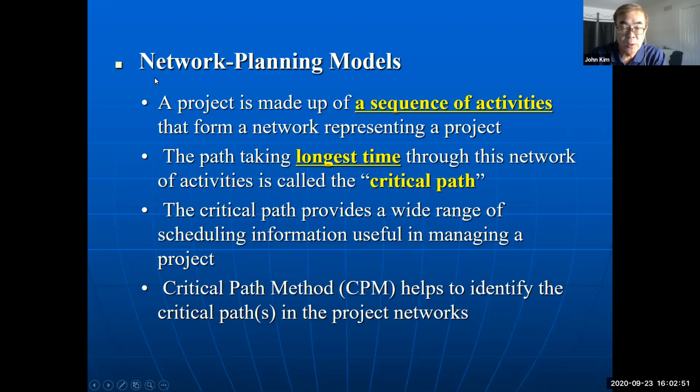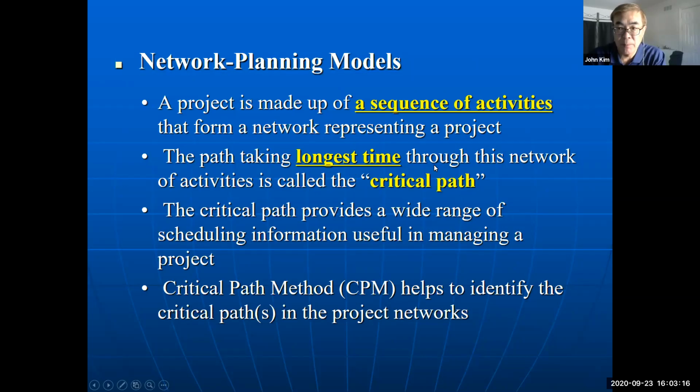We need network planning models, critical path method. One of the network planning models is CPM, critical path method. And then we manage especially longest time path.